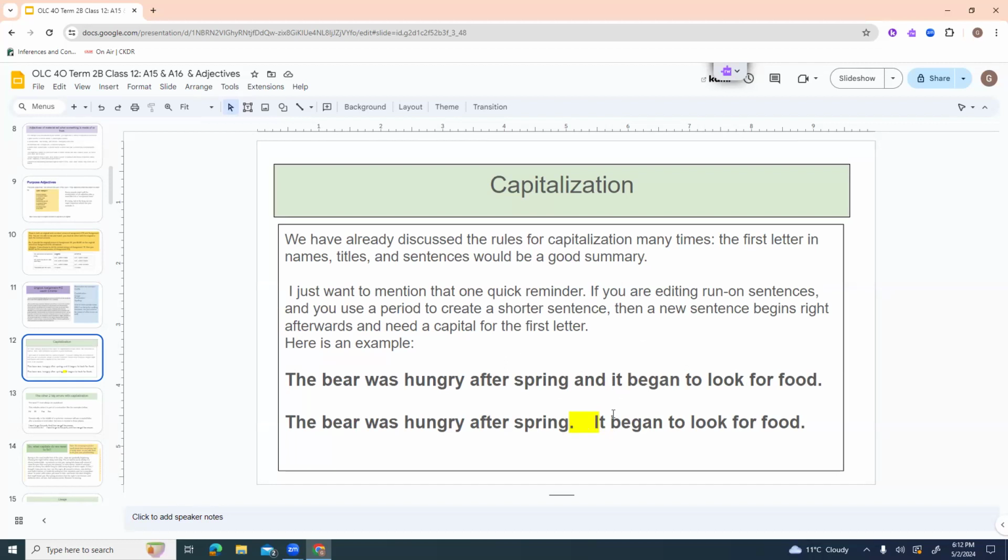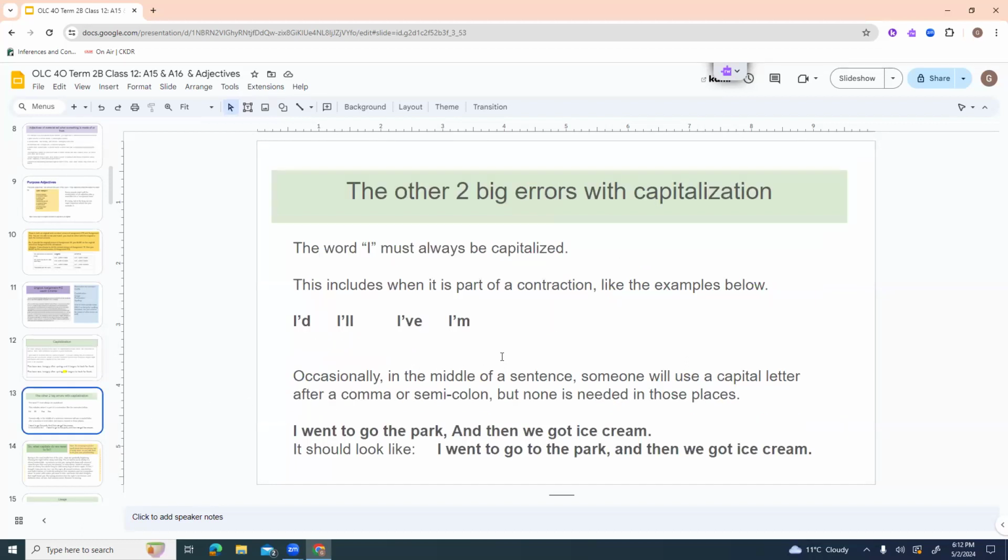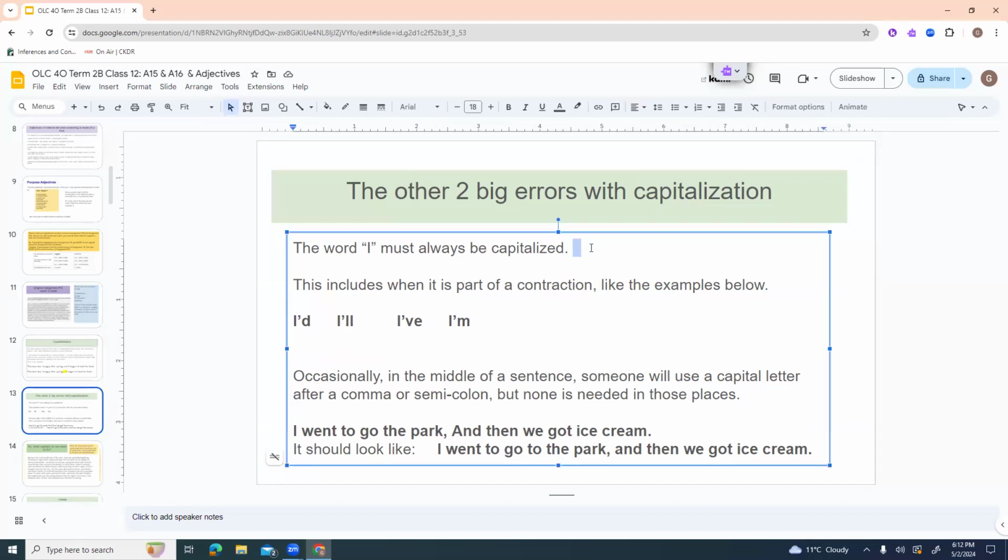So that's one that tricks people sometimes because they're focused on the period and they're not really thinking about the capital letter. The other two biggest errors with capitalization, and I see these all the time, is the word I must always be capitalized. A big hint, if you see an I with a little dot on top, that can't be referring to yourself, okay? It's fine to use lowercase i in other things, but not when you're referring to yourself because you're a person and persons have names and we always put the names with a capital, right?